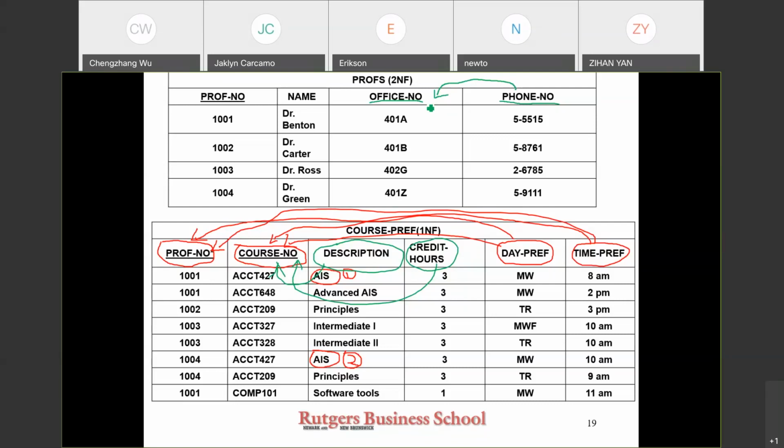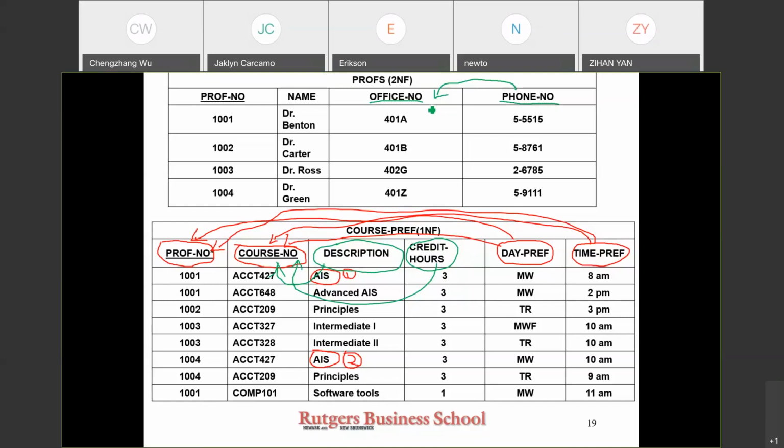Well, returning to the assumption that an office can have only one phone. The problems in this table stem from the fact that information about offices and phone numbers does not have an independent existence.